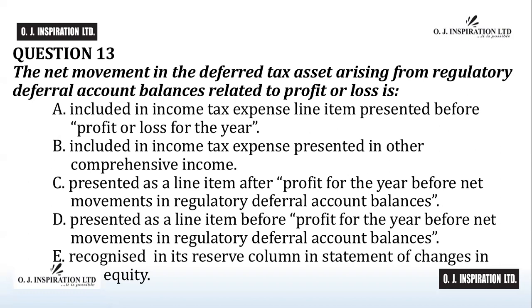C, presented as a line item after profit for the year before net movements in regulatory deferred account balances. D, presented as a line item before profit for the year before net movements in regulatory deferred account balances. E, recognized in its reserve column in statement of changes in equity. Some counts.